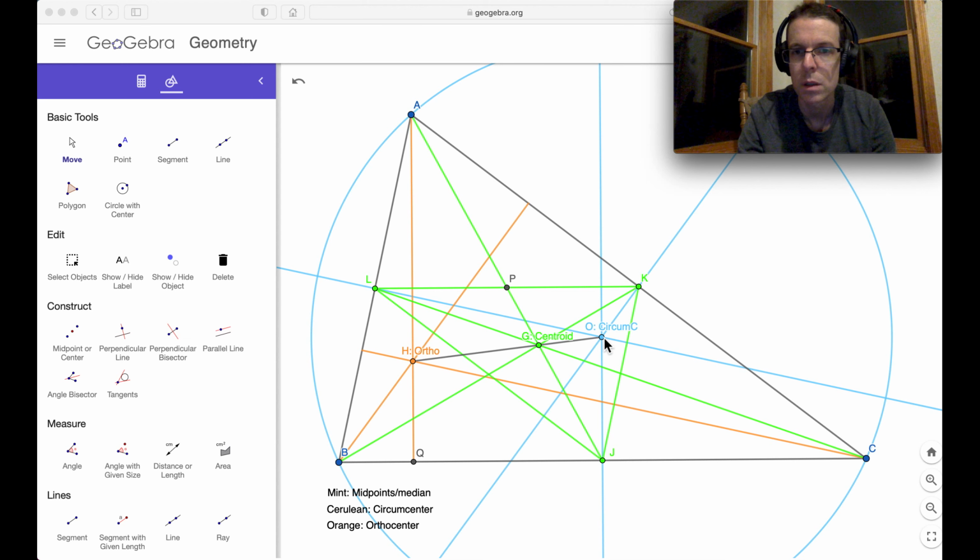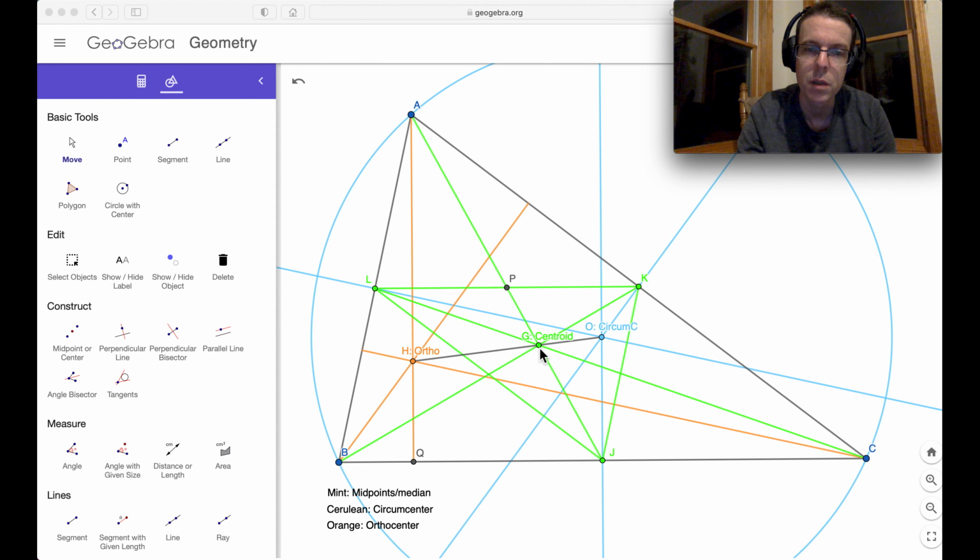O is simultaneously the circumcenter of the original triangle ABC, but also it is the orthocenter of the green medial triangle. So this is also an orthocenter of something, even though it's labeled O, circumcenter. In relation to the original triangle, it's also the orthocenter of something, namely this green medial triangle.